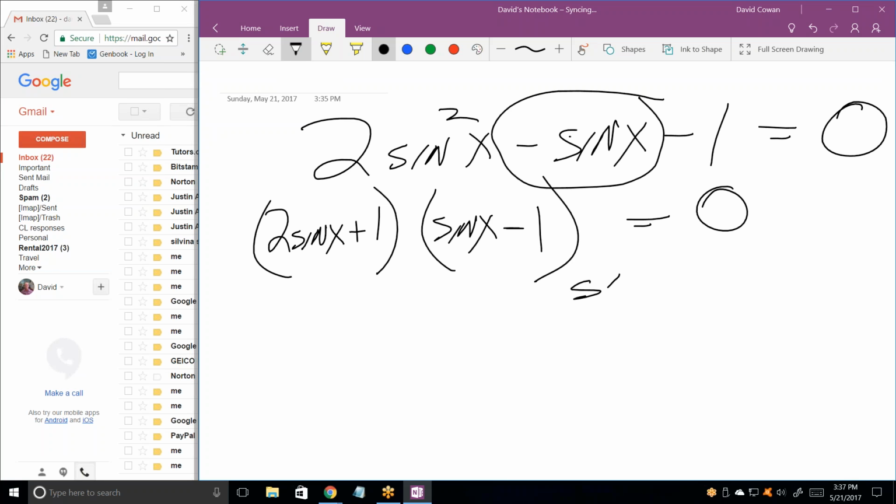Sine of x is equal to 1 at pi over 2 and 3 pi over 2. I think it's equal to minus 1 at 3 pi over 2. Oh, minus 1, sorry. I think it's just pi over 2. There's only one place where it's equal to 1.